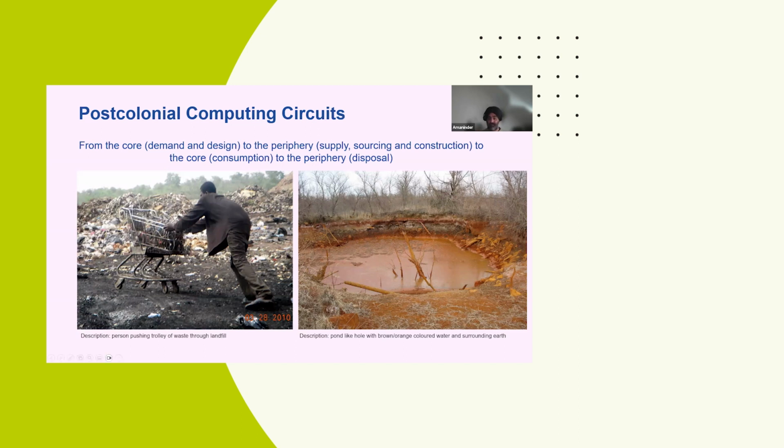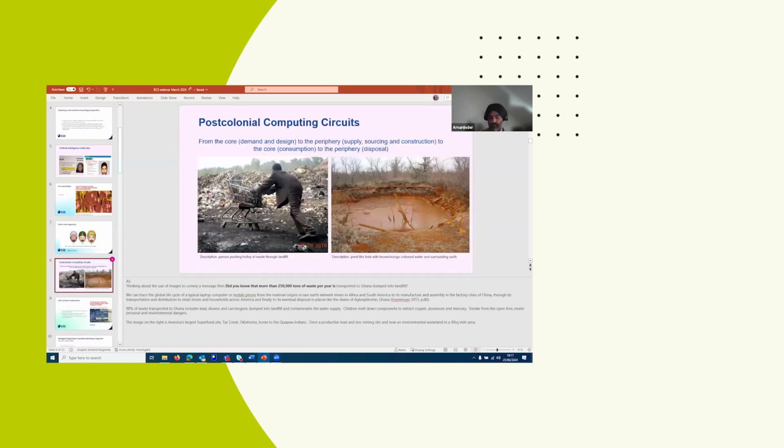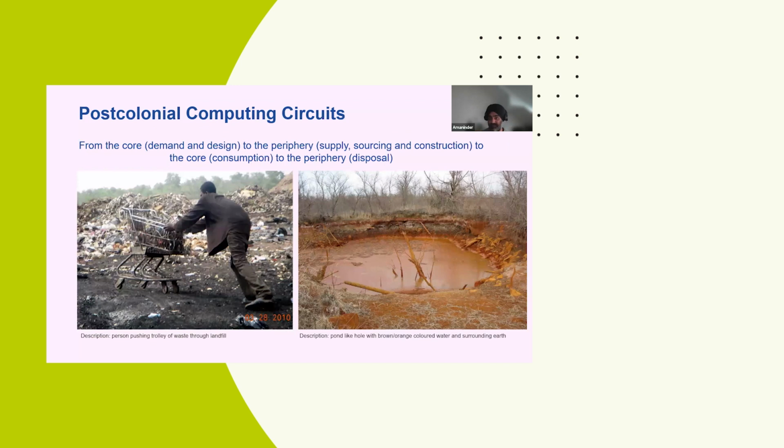And we produce millions of tons of waste, that is e-waste, electronic waste per year as well, and that goes to landfill in various countries across the world. So that's kind of the environmental pollution, which is done by old e-waste, which is mostly used by people in Western societies.